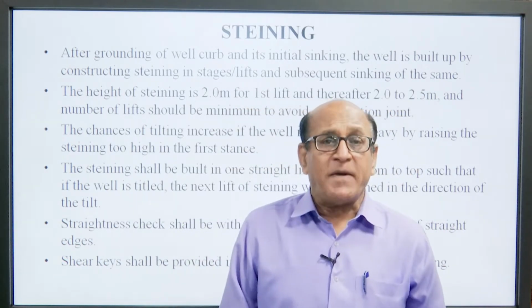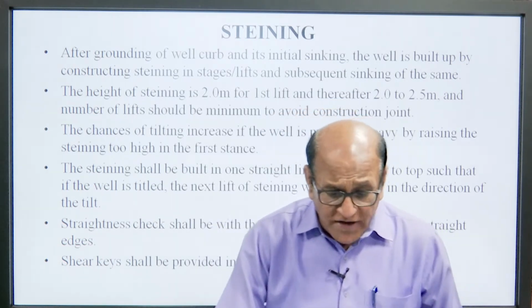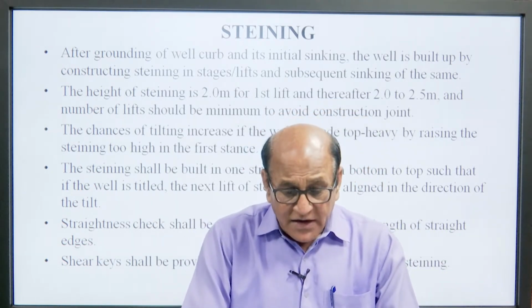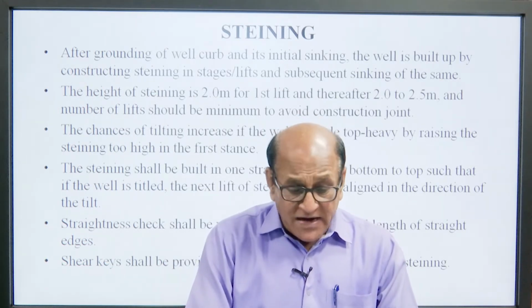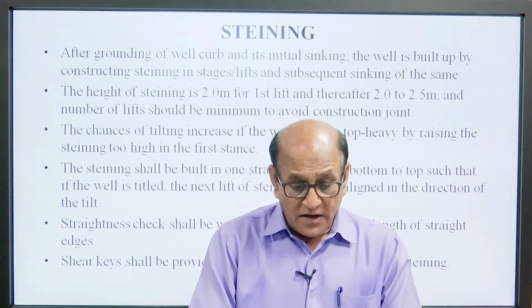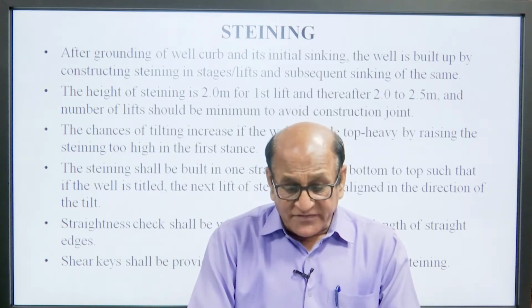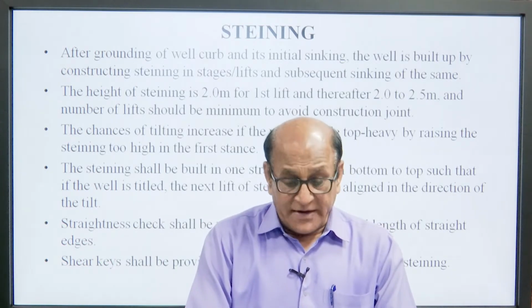Now, steining. This is the important part of the well foundation. After grounding the well curb and its initial sinking, the well is built by the construction of steining in stages, with lift and subsequent sinking of the same.